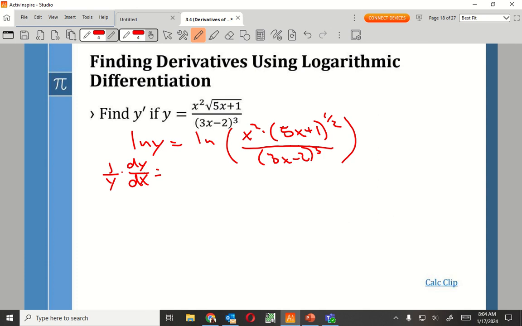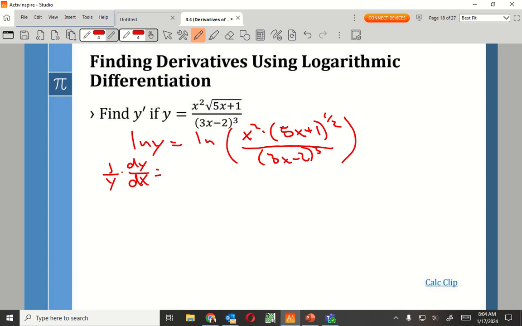Now, before I go through and do all this, let's separate my ln's first. So across the top, if things multiply on the inside, what does that mean? What am I going to do to my ln's? It's addition, right? And the quotient, the bottom, if I'm dividing, that's going to be subtraction. There we go.